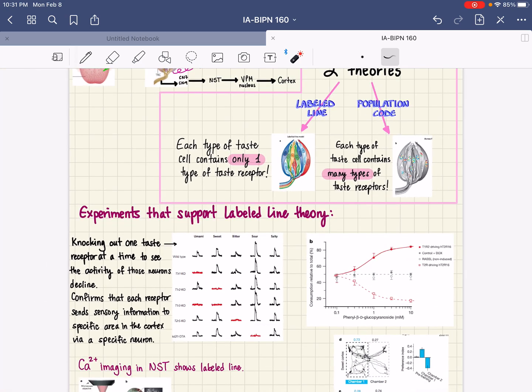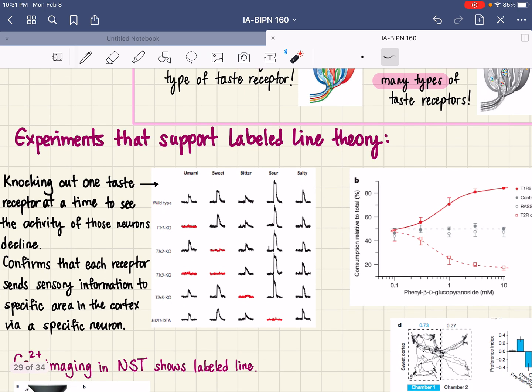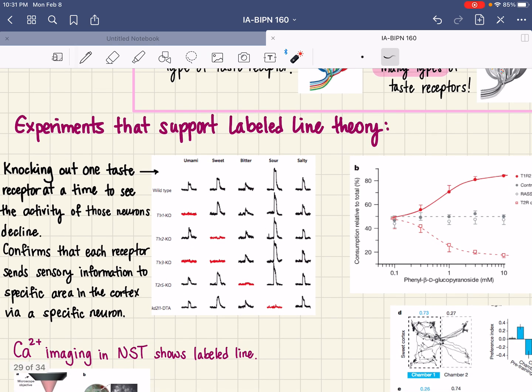Well, many experiments have been done to support the labeled line theory. The first one is that researchers took the different taste receptors and they knocked them out, meaning they disabled them or made them non-functional.